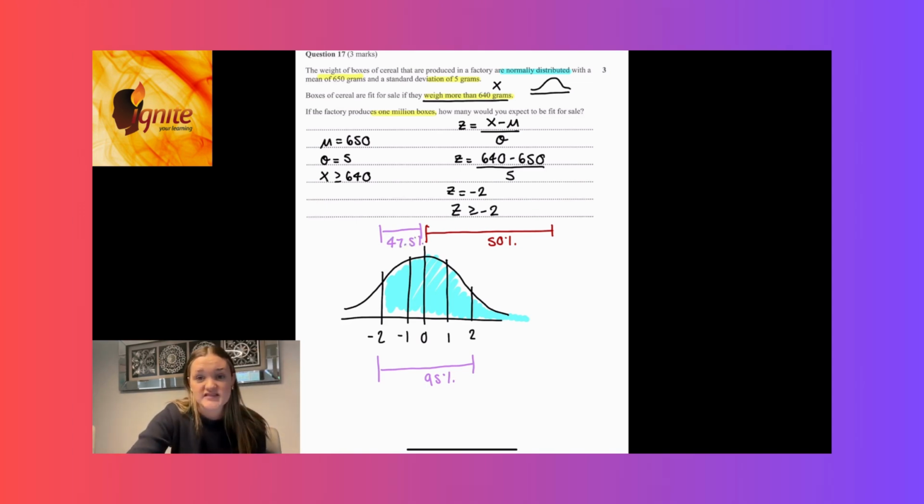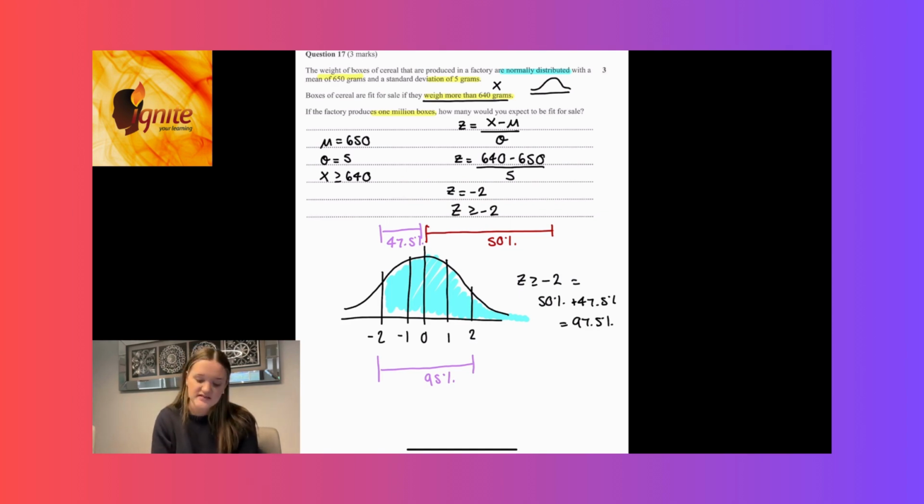So if 47.5% of scores lie between 0 and -2, then Z greater than or equal to -2 is going to equal 50% plus 47.5%, which gives me 97.5%. So therefore you can expect 97.5% of boxes of cereal to be fit for sale.